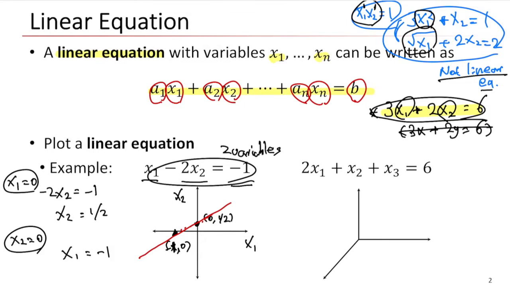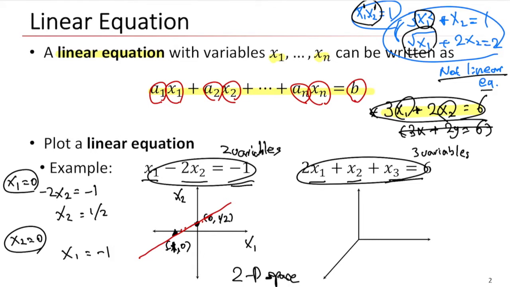What about the three variable case, like x1, x2, x3? Can you imagine? In this case, we should plot this equation in a 3D space, a three-dimensional space. If we have just two variables, it can be represented in 2D space, but in this case, we need a 3D space.